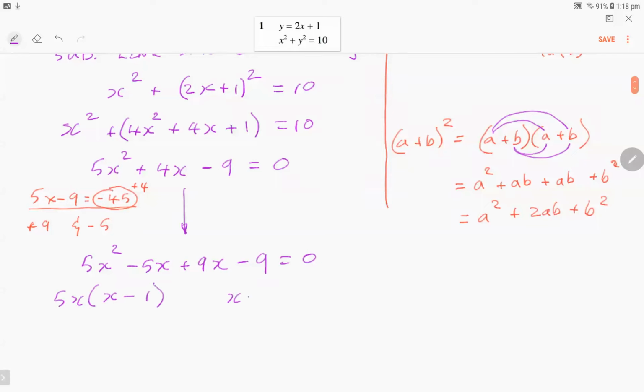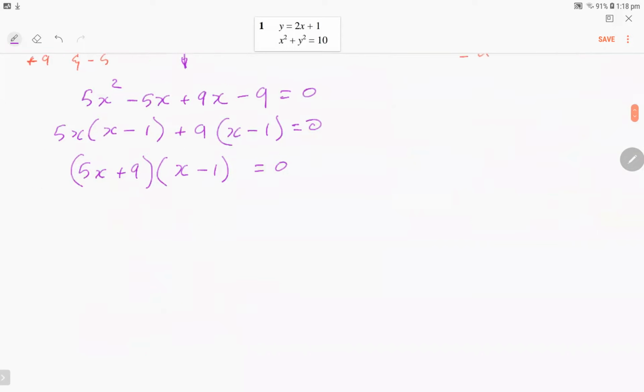Put back the x minus 1 over here equals 0. Factorize in here, so I take out a plus 9. Then it's this and that times the common factor. So I get 5x plus 9 in that bracket times x minus 1 equals 0.